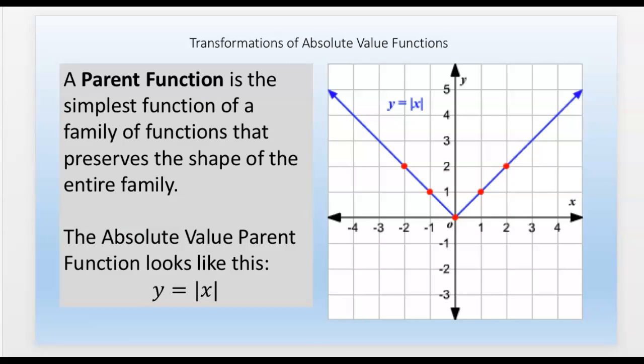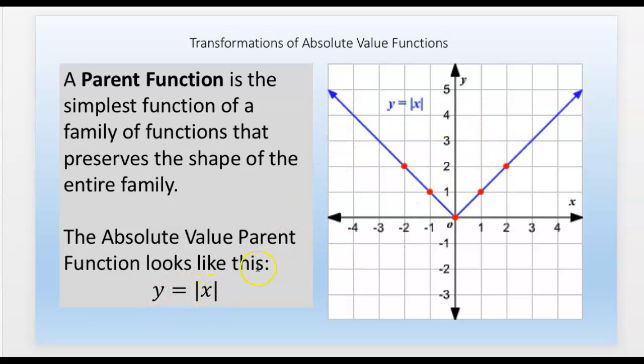The parent function of the absolute value is the simplest function of a family of functions. It preserves the shape of the entire family. It looks like this: y equals the absolute value of x.